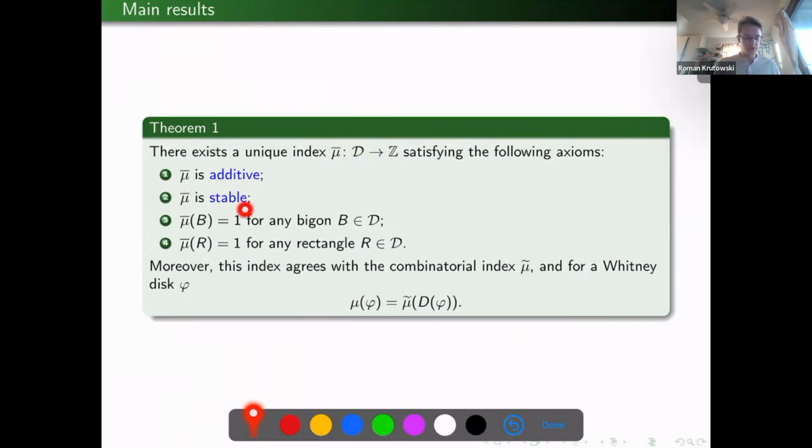It's additive and stable, as we just discussed, and it's equal to 1 for all bigons and rectangles, and we already saw that this is satisfied by the combinatorial index. Moreover, this index agrees with the combinatorial index, but this is quite straightforward. And for any Whitney disk phi, the Maslov index of phi is equal to the combinatorial index of a shadow of phi.